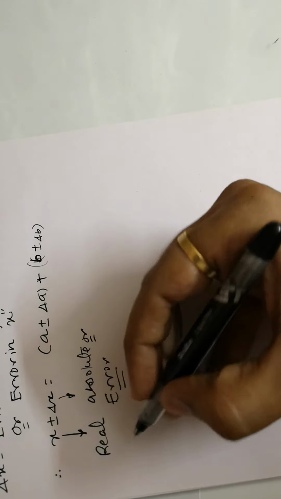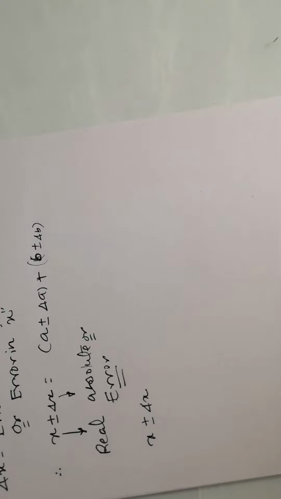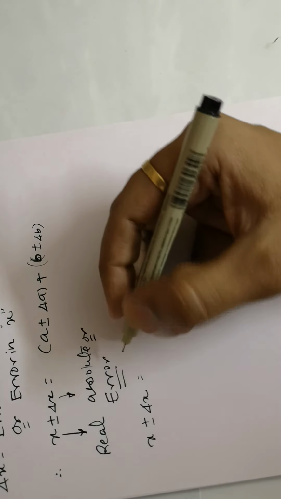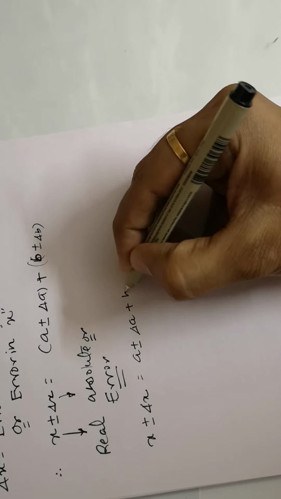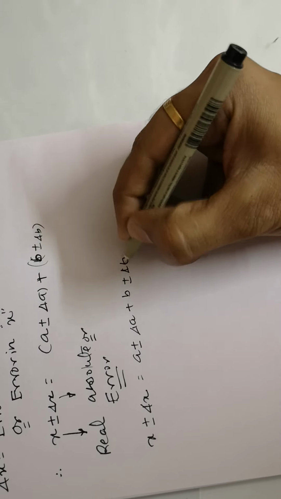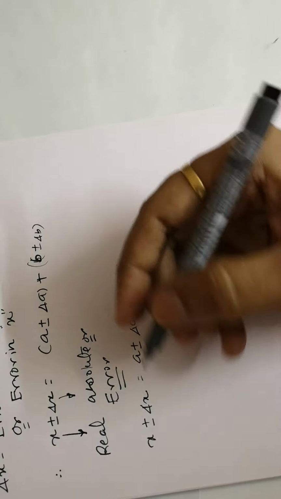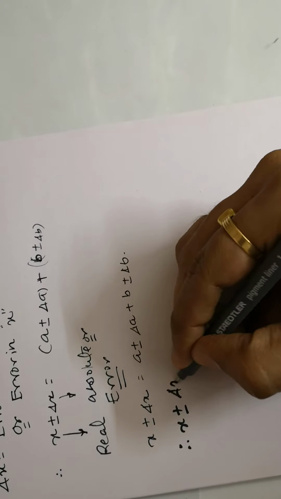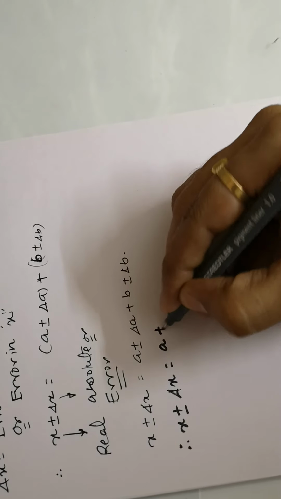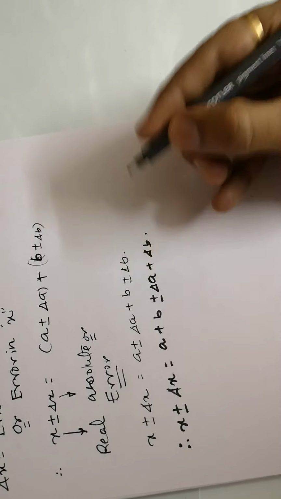Right now I am arranging these terms. x plus or minus delta x is equal to, opening this bracket, a plus or minus delta a and b plus or minus delta b. Arranging these terms, we get x plus or minus delta x equals a plus b, plus or minus delta a and plus or minus delta b.